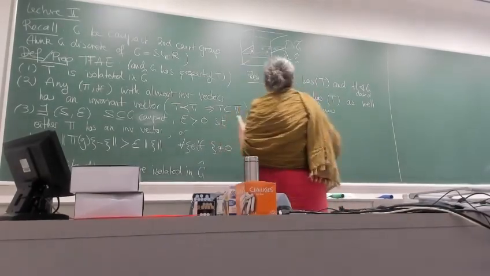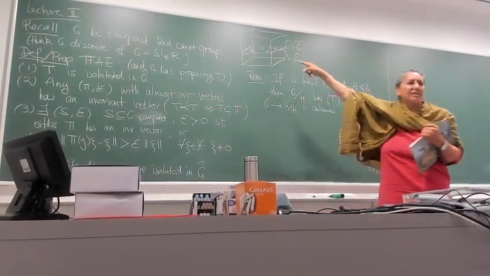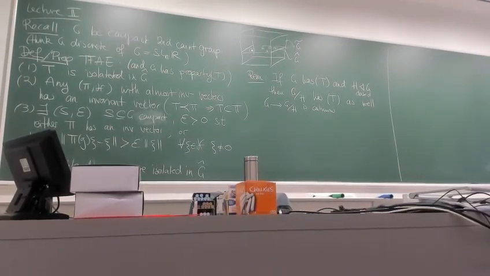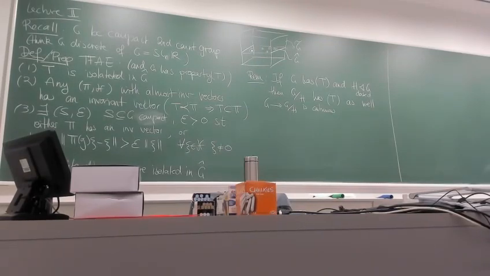So the induced map on G hat is continuous as well. So it's going to preserve isolated points. So if the trivial representation is isolated in G, it's going to be isolated in G mod H as well.